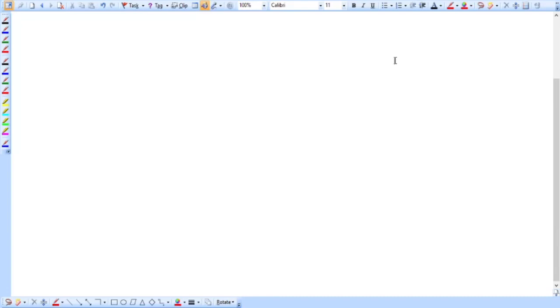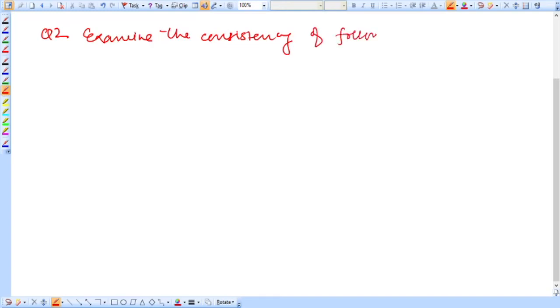Now next problem: examine the consistency of the following equations and if consistent, solve it, or find the solution, right?